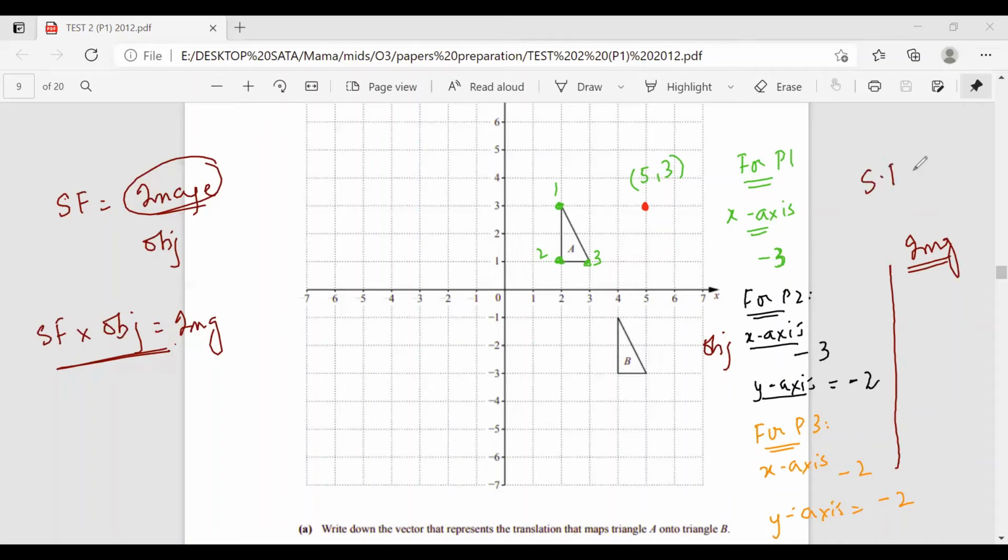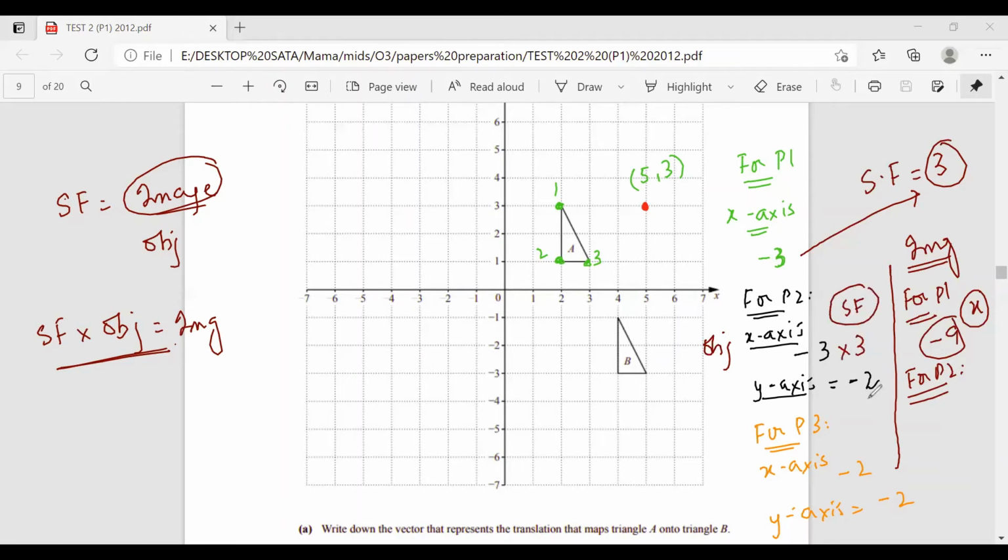Scale factor is 3. After multiplication, I'll get, for P1, 3 times 3 will give me -9 on x-axis. For P2, this 3 will multiply by, this is your scaling factor, 3, and multiply by 3.